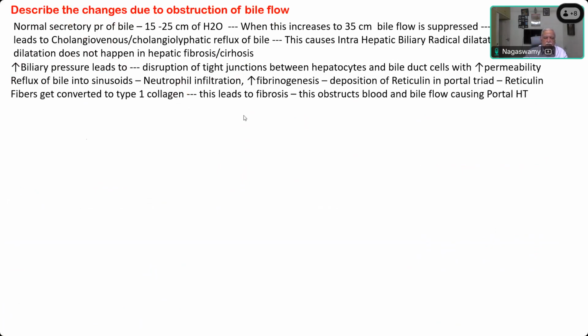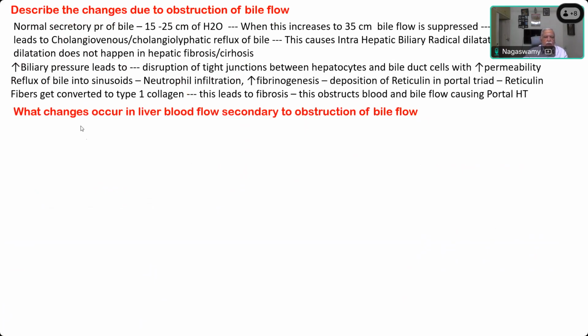So it is not only alcohol abuse which can result in fibrosis and cirrhosis, it is also long-standing jaundice, especially in a pancreas patient. If you don't treat them in time, before you remove the pancreas and cure the cancer, the patient can die of liver failure also. So what changes occur in liver blood flow secondary to obstruction of the bile flow?